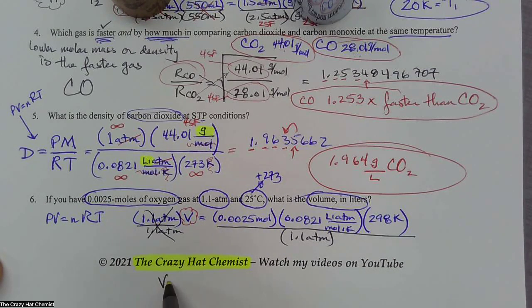And so V is going to equal, I'm going to do this right underneath my notation here. And I'm going to plug into the calculator 0.0025 times 0.0821 times 298 divided by 1.1.